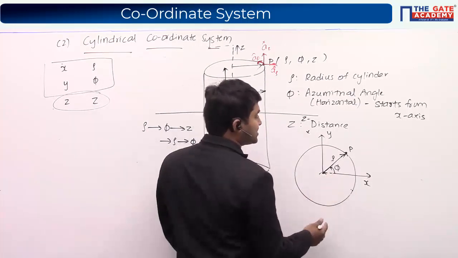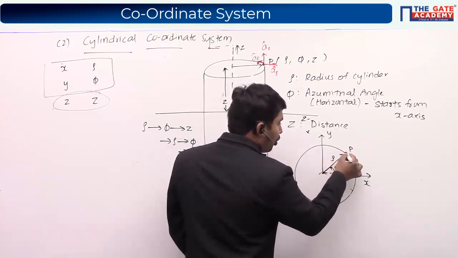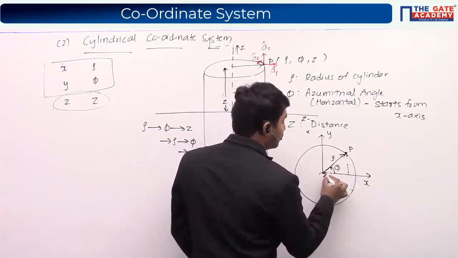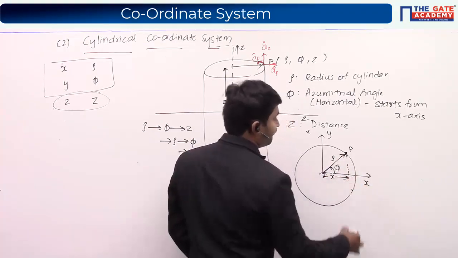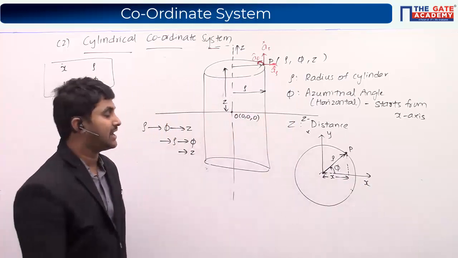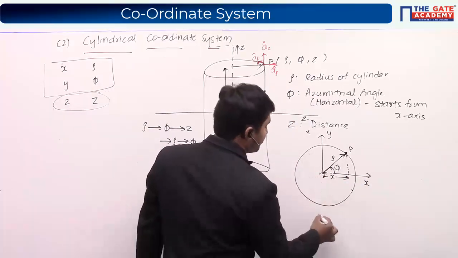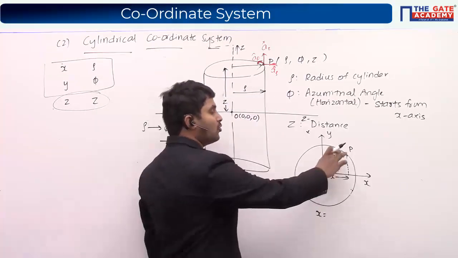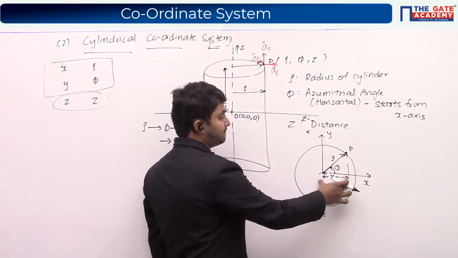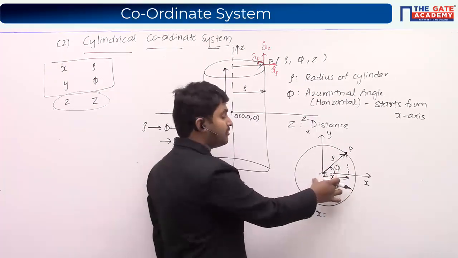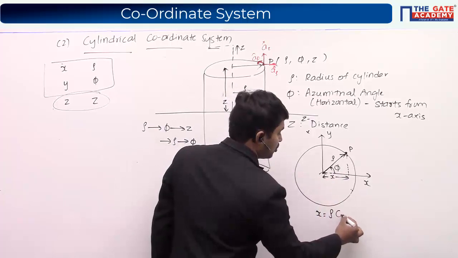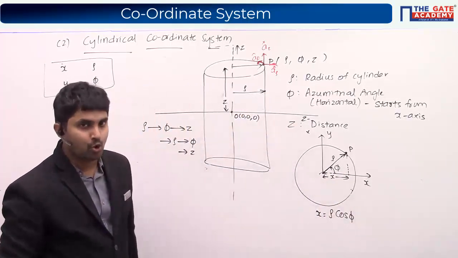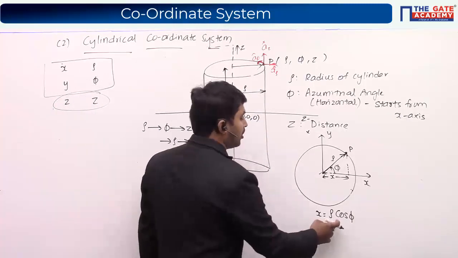Now, if I project this rho onto the x-axis, I get the x distance. Can you please tell me what this x is? If this is my rho, the x distance is going to be what? Rho cos phi, yes or no? It is going to be rho cos phi.